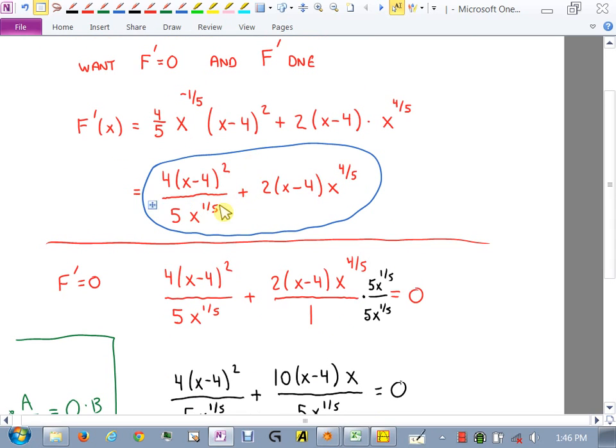You have a fraction plus another fraction. The only way you can say that a fraction equals 0 is if the top is 0 and it's one fraction. Do you understand that? Because this has not been incorporated into the expression yet.